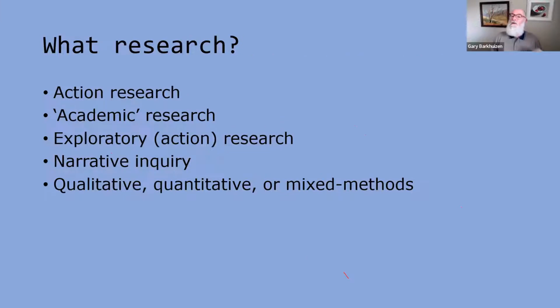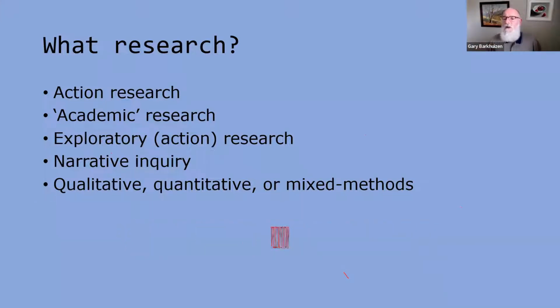And also when we're doing research, what type of research are we talking about? Action research, so-called academic research that gets published in the top journals, or exploratory practice or exploratory action research, or narrative inquiry, where we share stories and co-construct stories and tell stories. And then the very conventional methods: qualitative, quantitative, mixed methods.